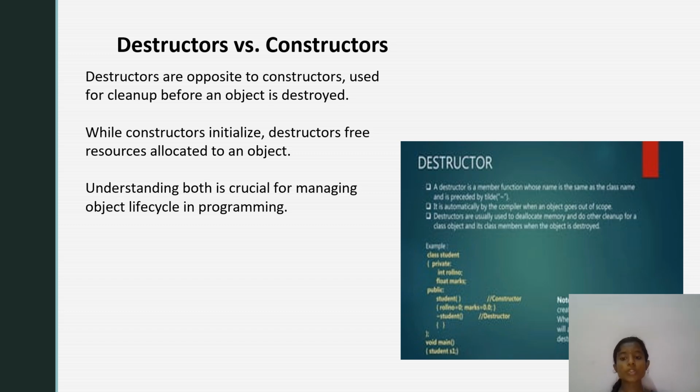A destructor is usually used to deallocate memory and do other cleanup for a class object. While constructors initialize, destructors free resources allocated to an object. Understanding both is crucial for managing the object lifecycle in programming.